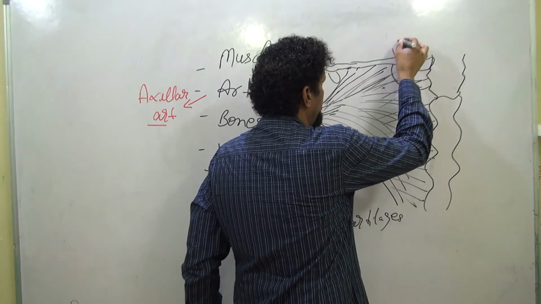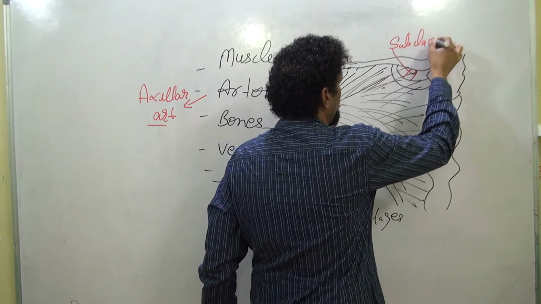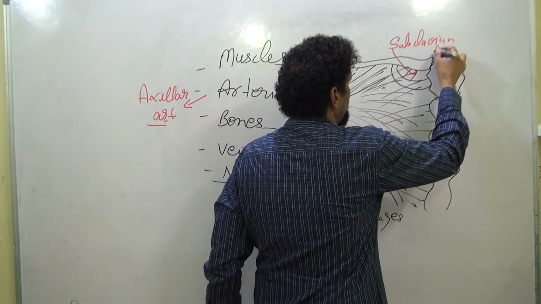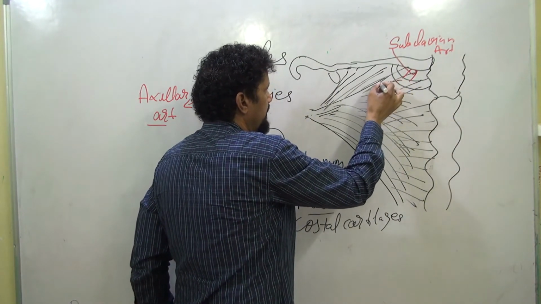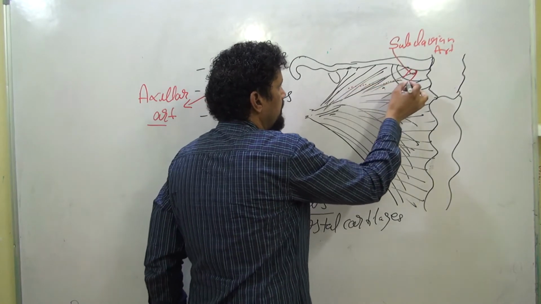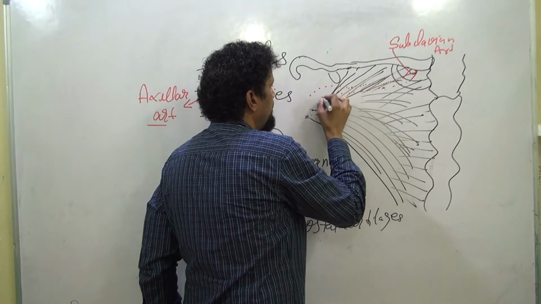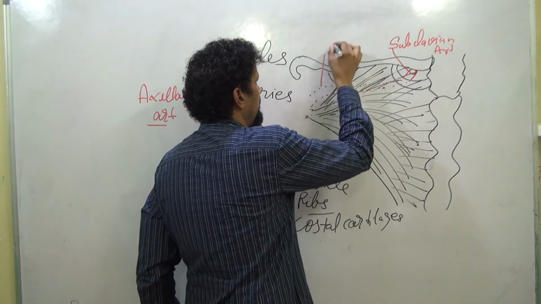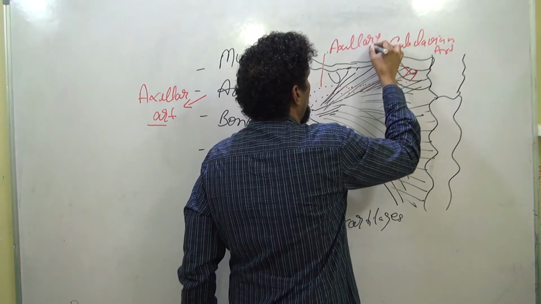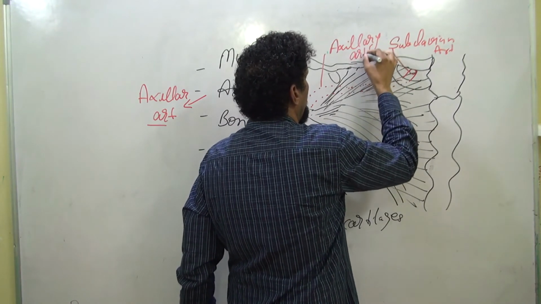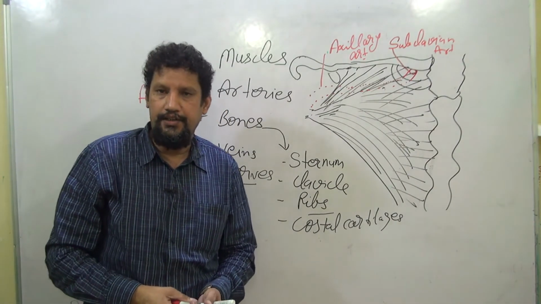The artery here is the subclavian artery. Then the artery runs as the axillary artery. And now the branches of the axillary artery.